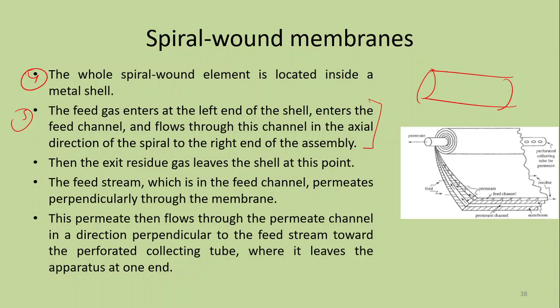The exit residue gas leaves the shell at this point, and the feed stream in the feed channel permeates perpendicularly through the membrane. Obviously there is a space for the permeate channel. This permeate then flows through the permeate channel, perpendicular to the feed stream, toward the perforated collecting tube, where it leaves the apparatus at one end. In this way we get the output product.